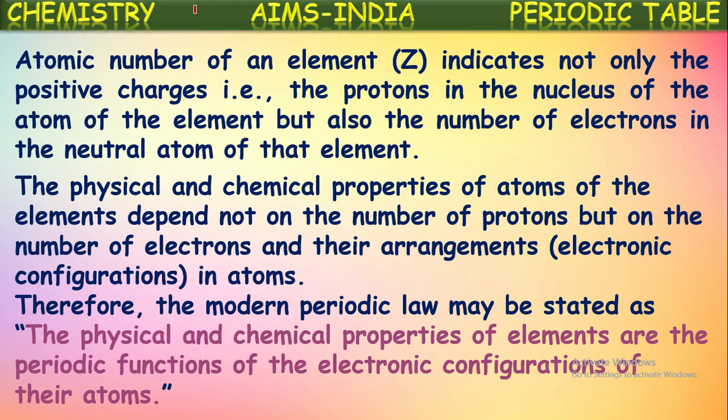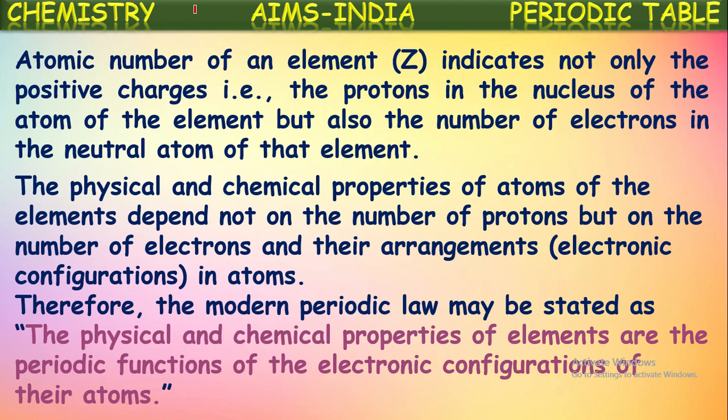The electronic configuration is based upon the number of electrons, and the number of electrons depends upon the atomic number. So we can state the modern periodic law in terms of electronic configuration as well as in terms of atomic number. These two are taken into consideration while constructing this modern periodic table.